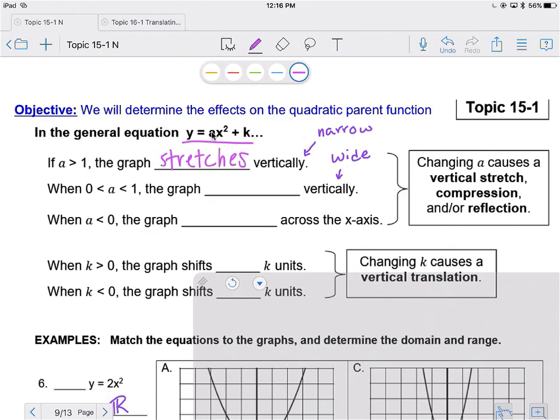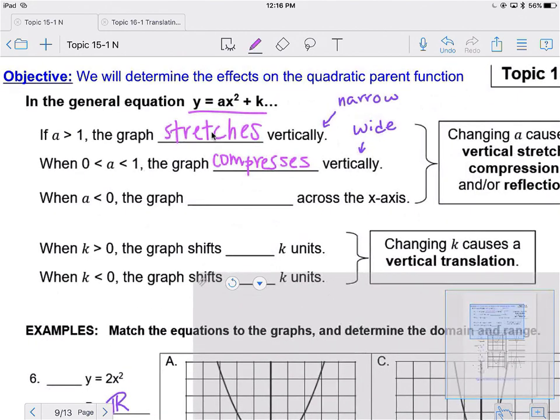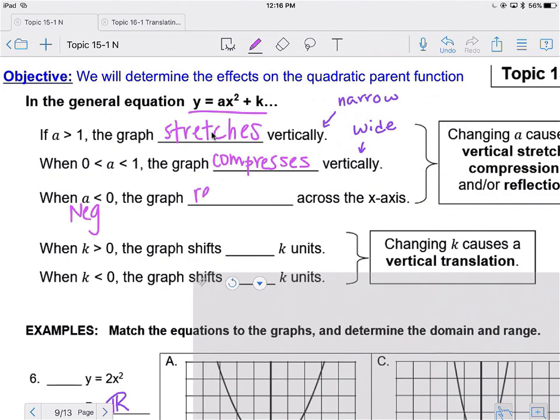And you will see these words interchangeably, so you need to know them. So when a is between 0 and 1, like a fraction, the graph compresses vertically. And then when a is less than 0, so you might want to write this means negative, when a is negative, the graph reflects. So all of these, stretch, compress, or reflect, all deal with the number in front.